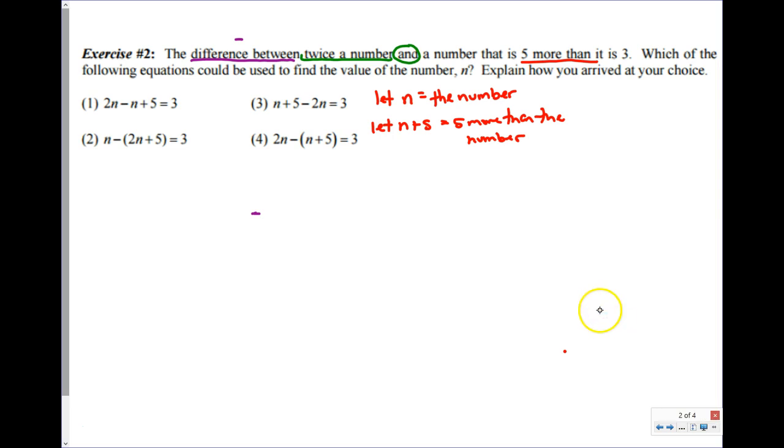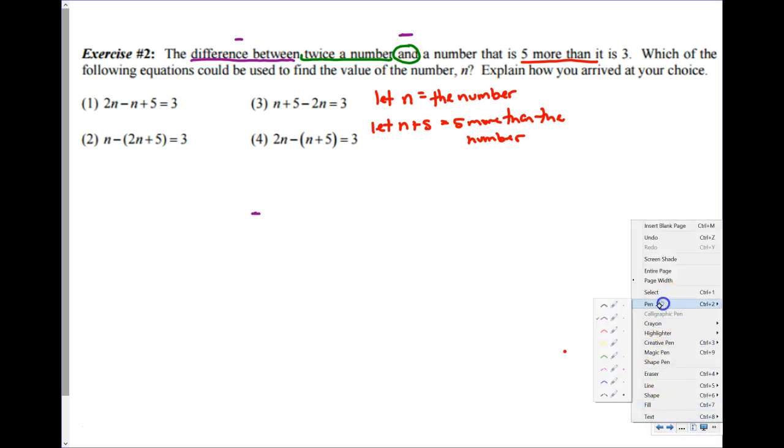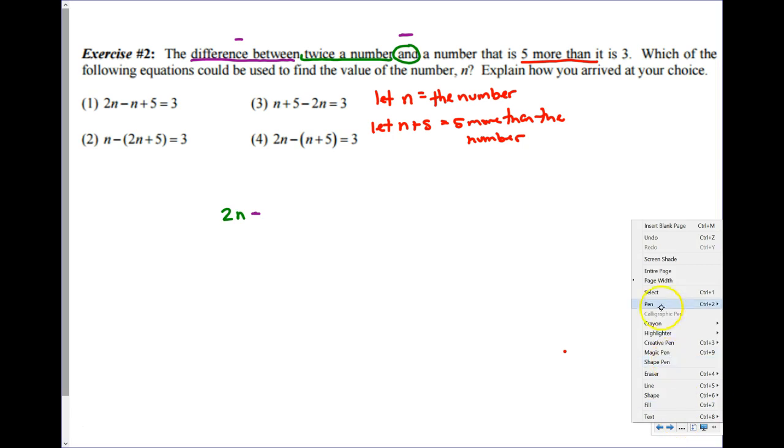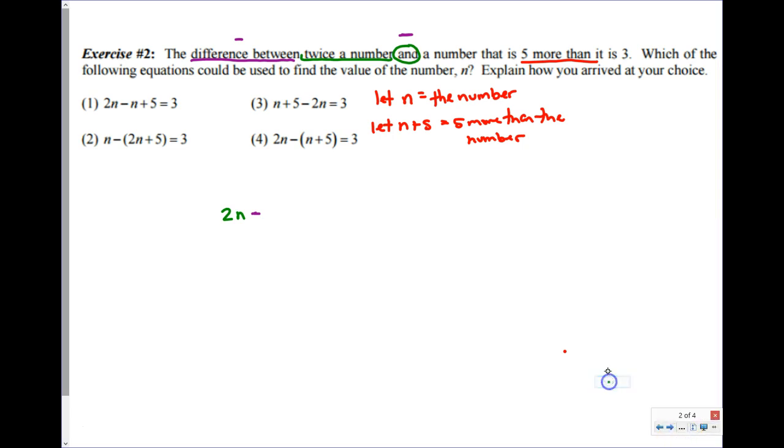So I have my subtraction sign right here. Twice a number goes in front, so that's 2 times n. So 2n minus a number that's 5 more than it. I'm just trying to get my colors good for you guys. A number that is 5 more than it, so that would be 2n minus n plus 5.